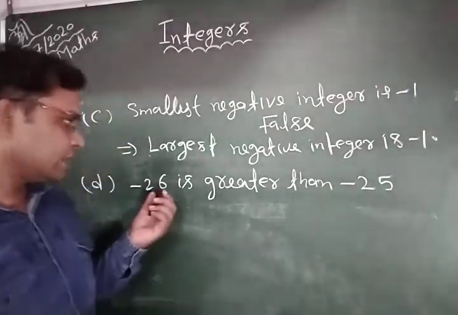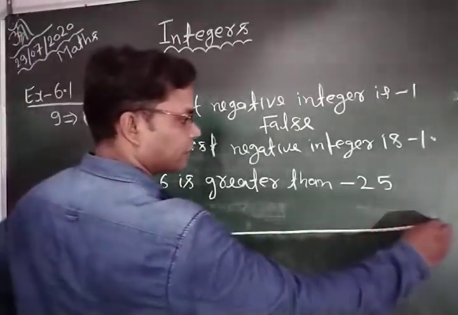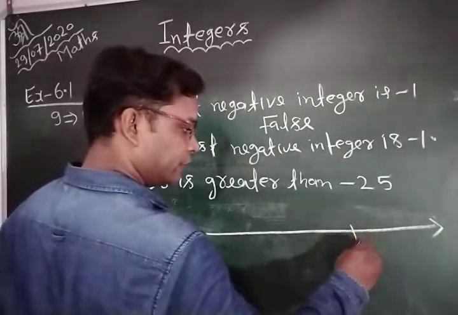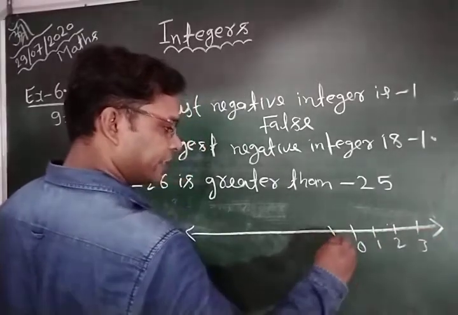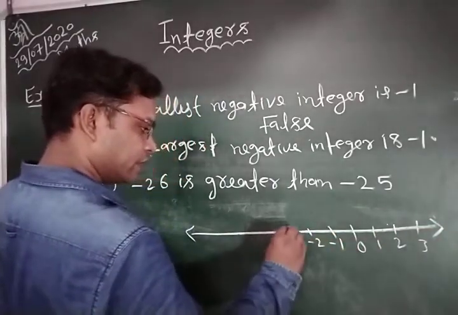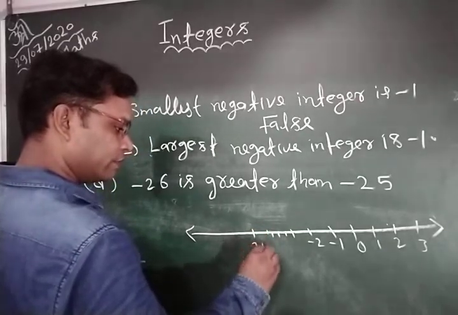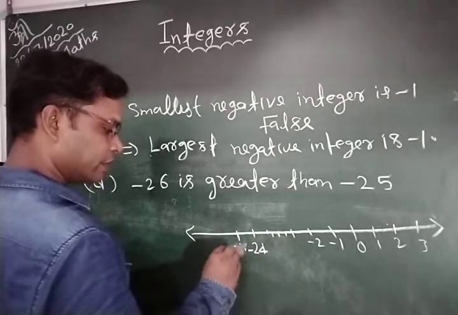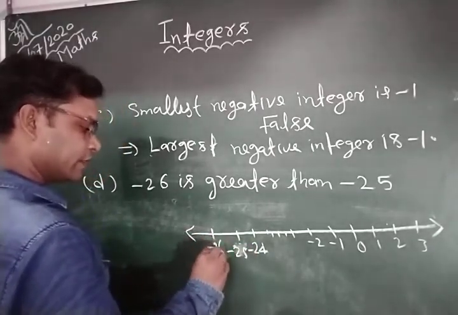You can see here, if you draw a number line like this. Suppose this is the number line, and here 0, 1, 2, 3, and here minus 1, minus 2, and so on. You can see here minus 24, minus 25, and this is minus 26.